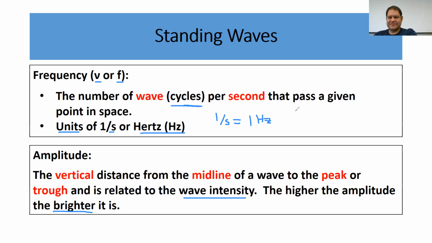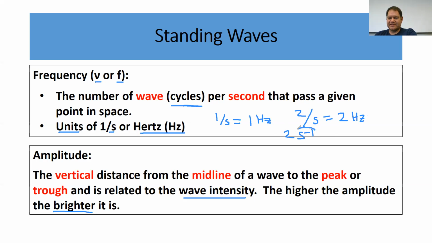Or let's say you have 2 cycles per second. That's equal to 2 hertz, okay? Hopefully you kind of get the idea there. Now, often we'll also write cycles per second in the simply reciprocal manner, where, for instance, in this case, the 2 cycles per second could be written as 2 seconds minus 1.